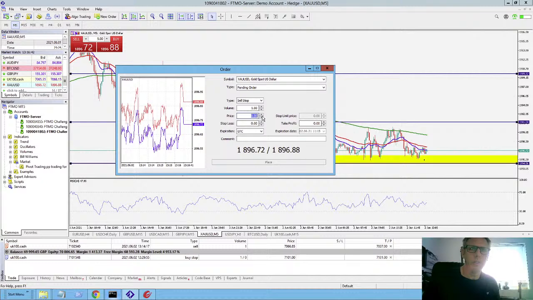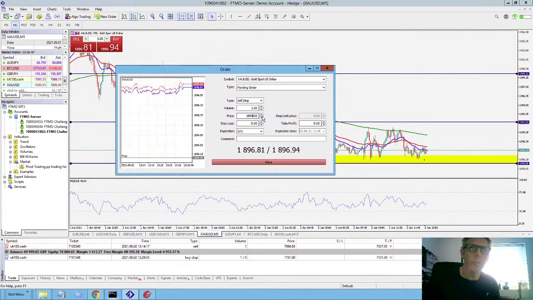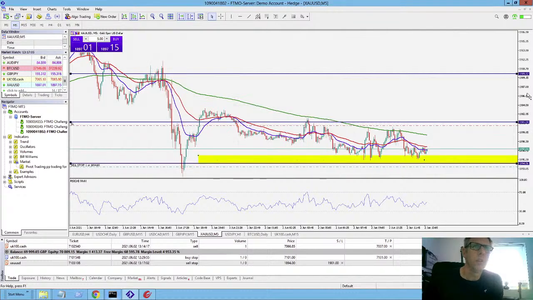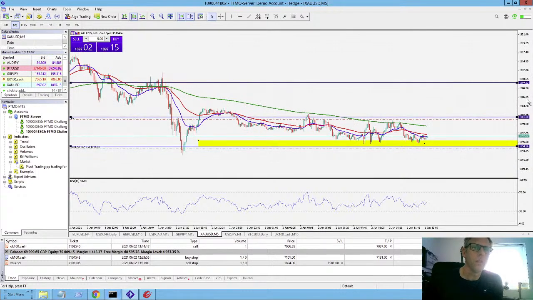Price 1894, stop loss 1901. Always get those boxes mixed up. So that is a trade on gold.